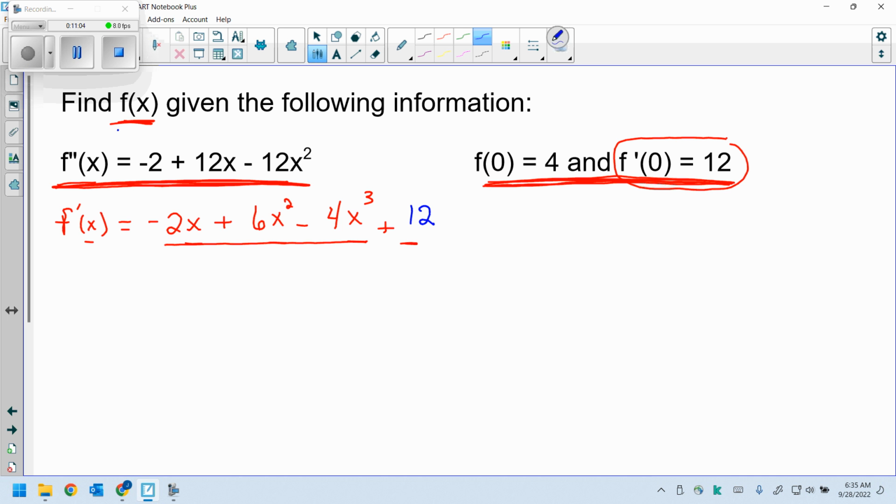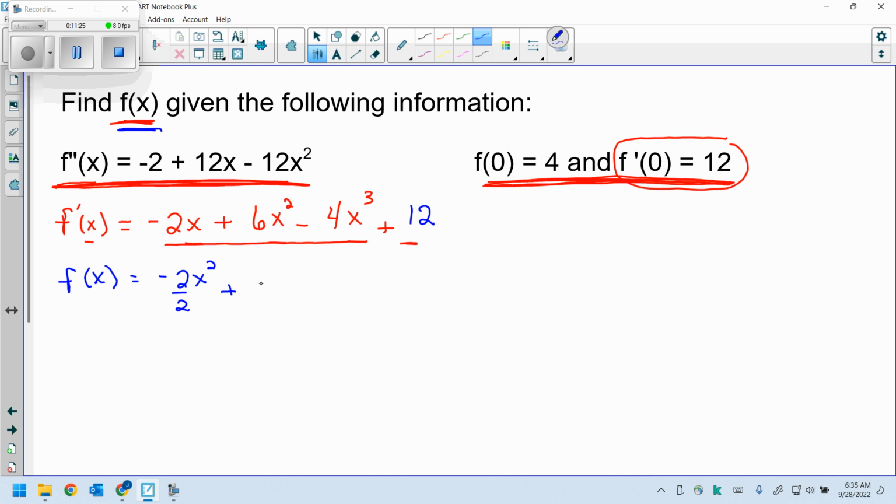Now let's work our way again. Ultimate goal, figure out what f is. Antiderivative of negative 2x. Negative 2 x squared over 2. Clean it up.